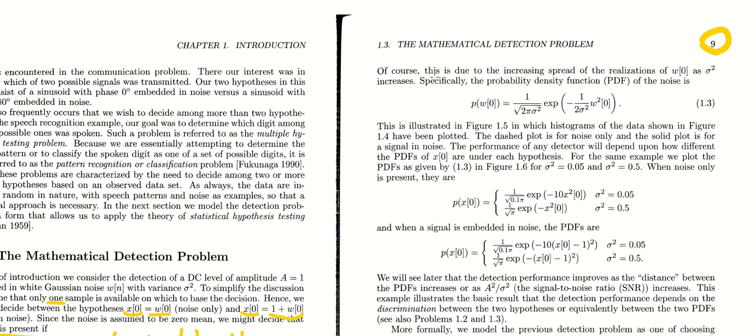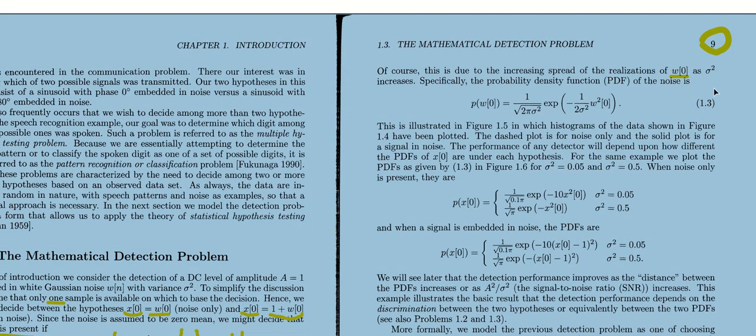Okay. So we will go into the mathematical formulation for what we said about the histograms and the distributions based on different hypotheses. Here we take one sample W0, and that W0 has a standard deviation.